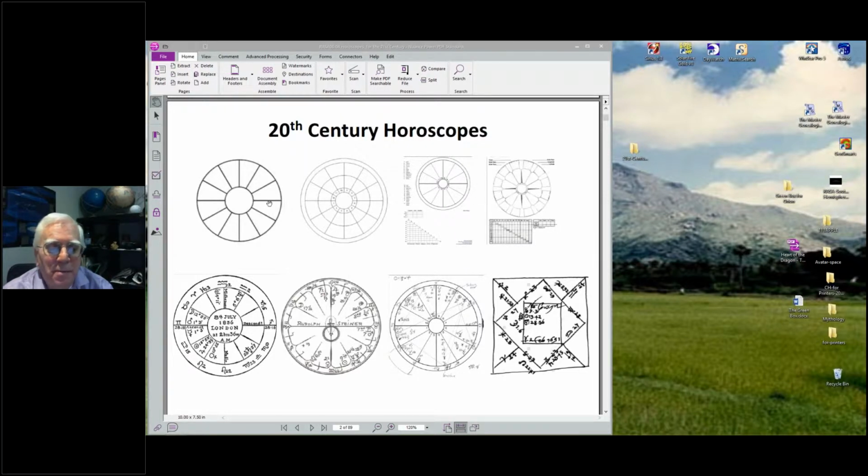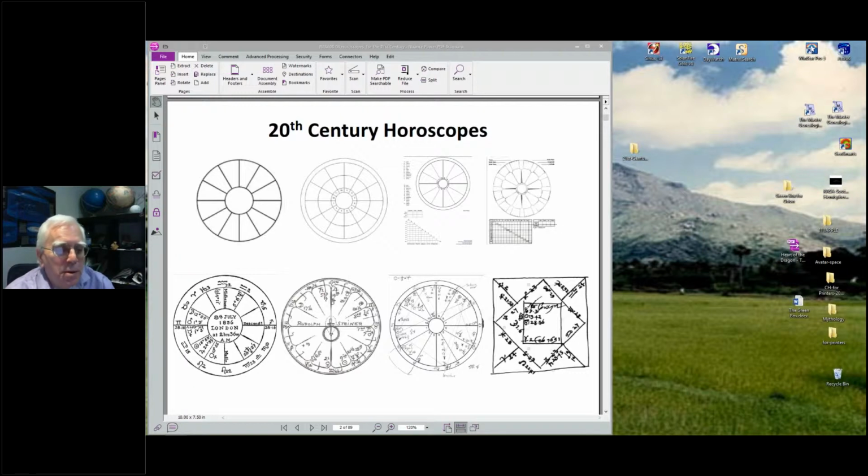So this was kind of a standard format, certainly for the first half of the 20th century, and even into the 60s. It wasn't until the late 60s and the 70s that some of the chart forms started to take a different jump.